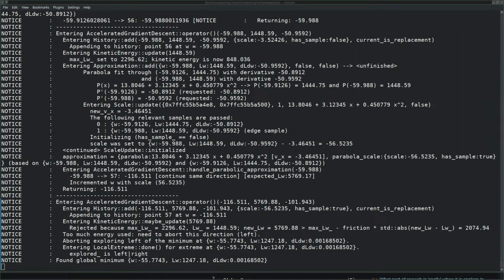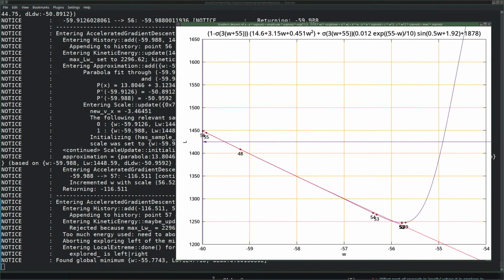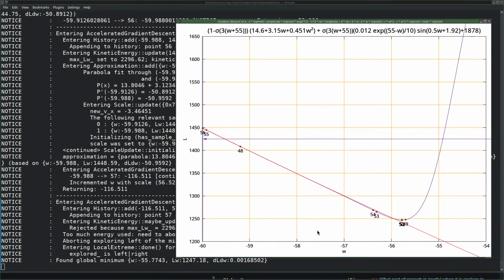What is rejected here? That's a jump. Minus 116. Dude, why? So we're here and we're jumping extremely far to the left.